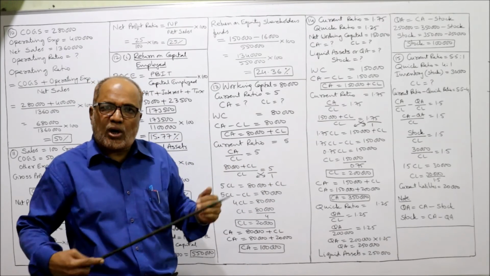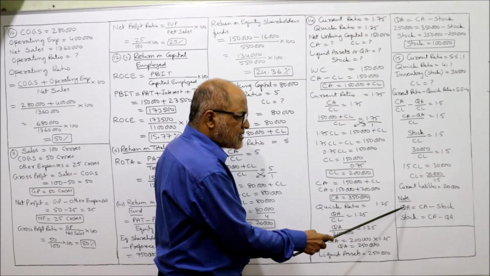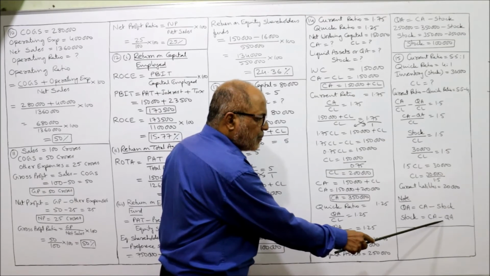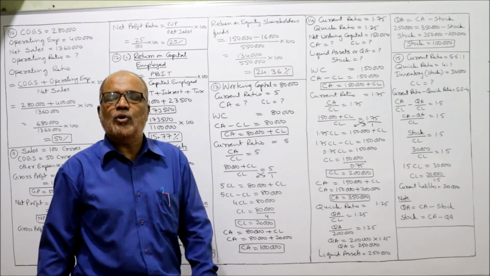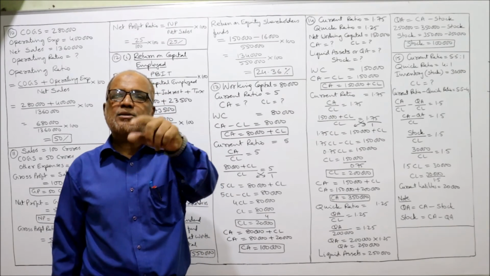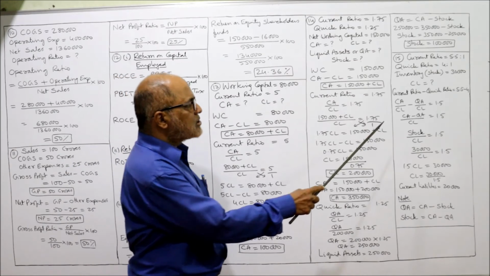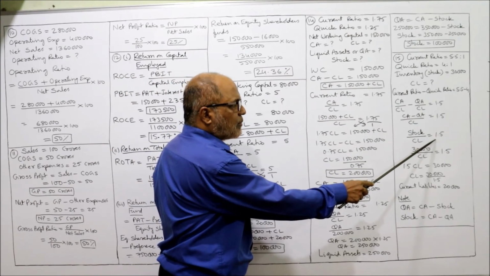So if we bring the stock to LHS, the minus stock will become plus stock. Take this QA to RHS, so plus QA will become minus QA. So stock is equal to CA minus QA. Remember this formula. So here also we got CA minus QA. I am writing stock by CL is equal to 1.5.